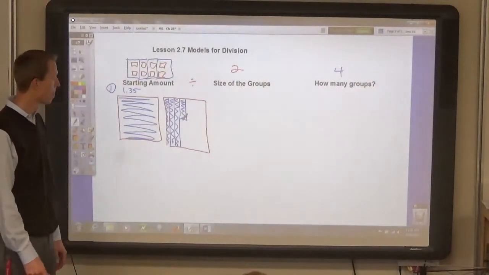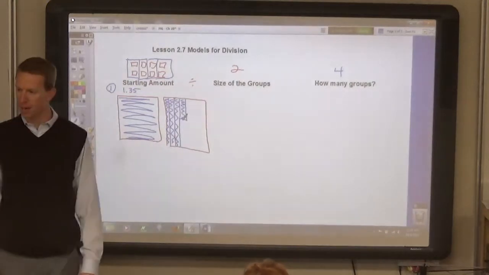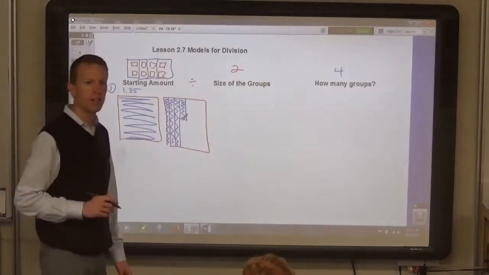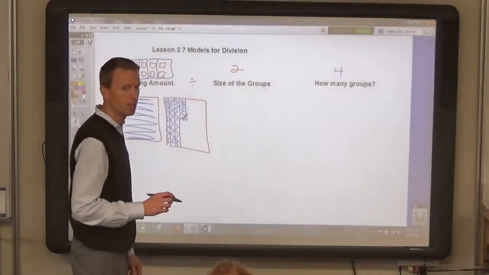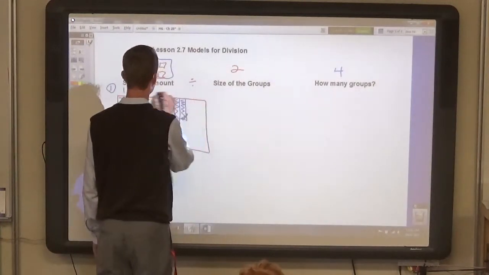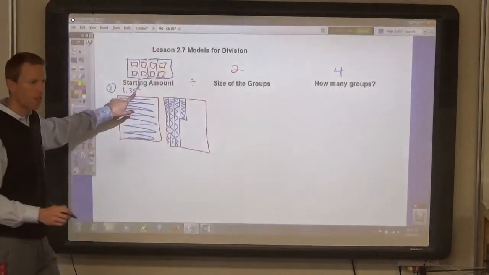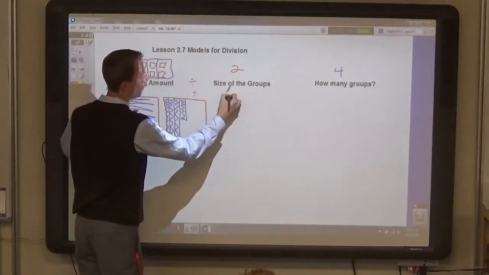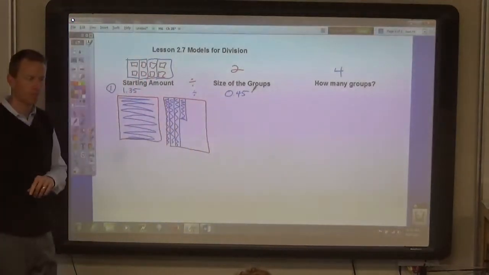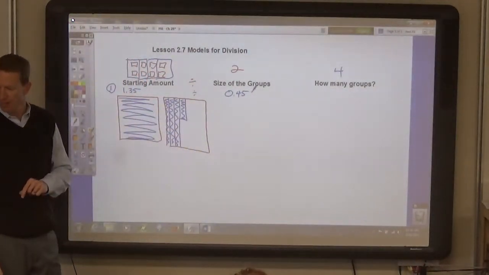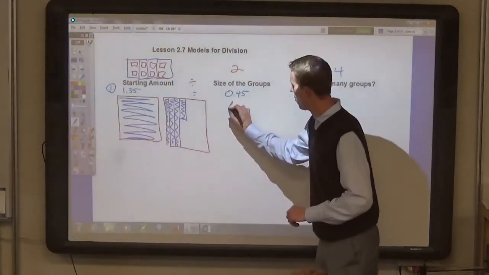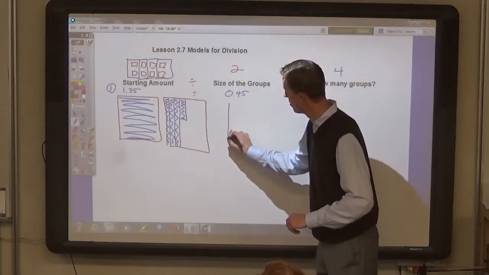Then, what size groups are we going to make? Groups of how big? Brett? 45 hundredths. So this is 1 and 35 hundredths divided by 45 hundredths. Right? Now, what you would do is show 45 hundredths.